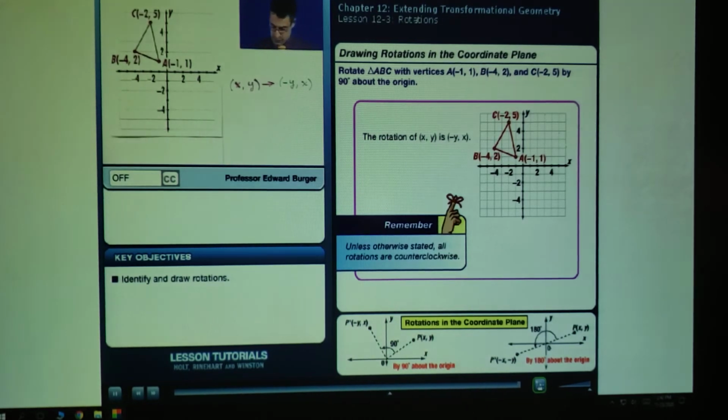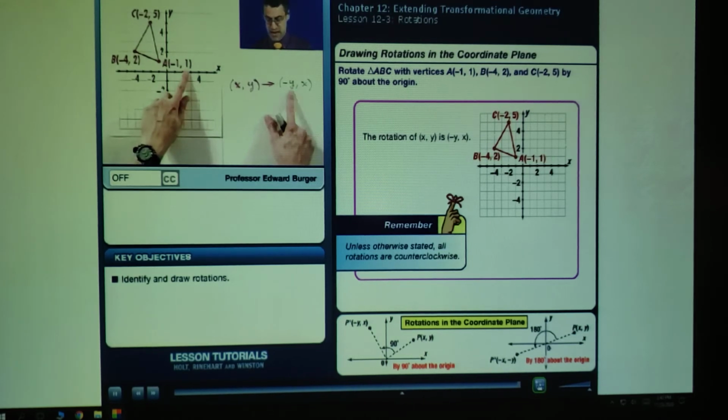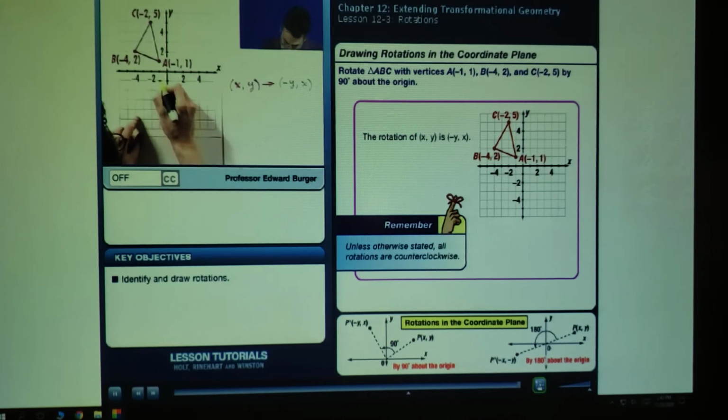So let's see where everyone goes. Where is A going to get mapped to? Well, what I send it to is negative y, which is going to be negative 1, comma, negative 1. So negative 1, comma, negative 1 is right here. That's going to be the A prime.